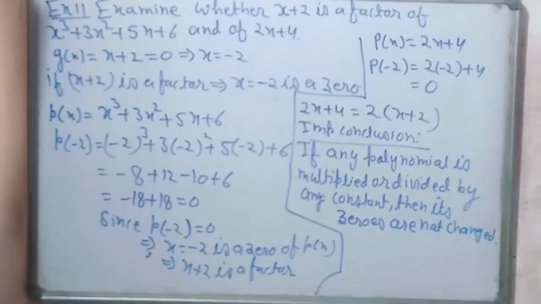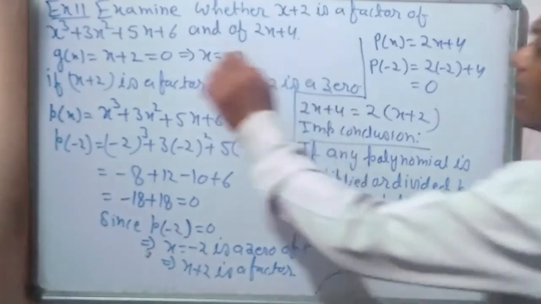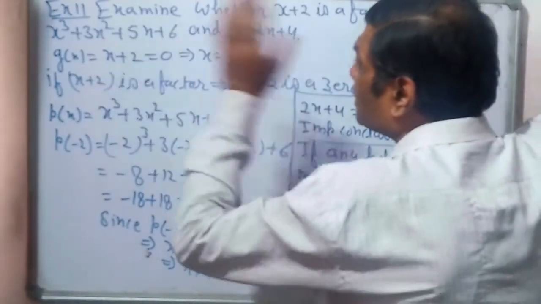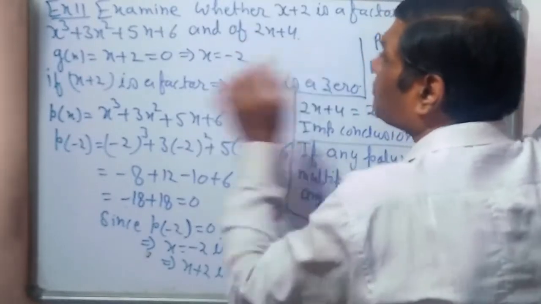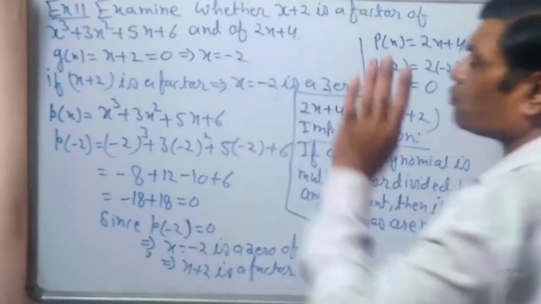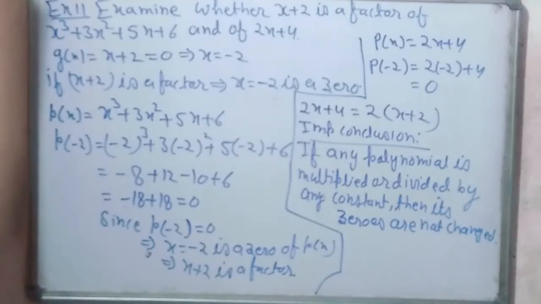If you are multiplying or dividing any polynomial with any constant, meaning any real number, the zeros of the polynomial remain the same. They will not change. The same thing we had seen over here. Our linear polynomial x plus 2 and linear polynomial 2x plus 4 both have the same 0, minus 2.